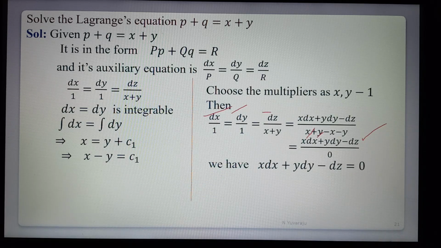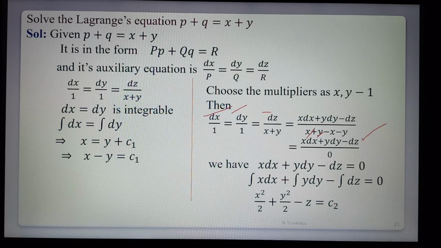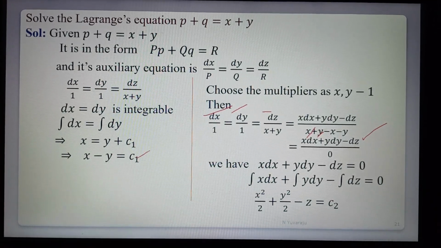Now easily integrating on both sides, integration of x dx plus integration of y dy minus integration of dz is equal to 0, that is x square by 2 plus y square by 2 minus z is equal to 0. So this is the second solution, and that was the first solution.